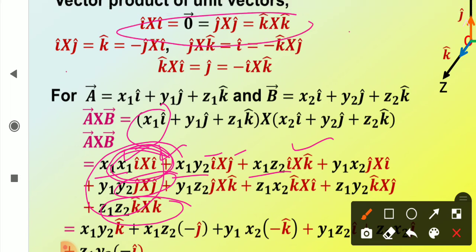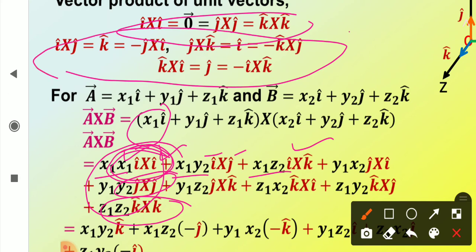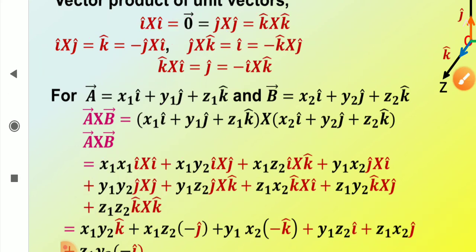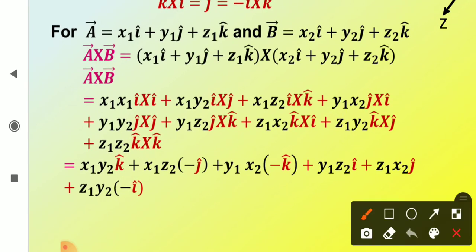And for the remaining, you use these relations that we have discussed. So for the remaining, you will get these terms: x1 y2 k cap plus x1 z2 minus j cap plus y1 x2 minus k cap, and so on.